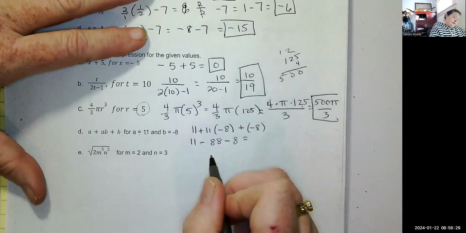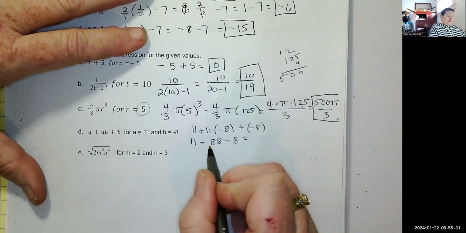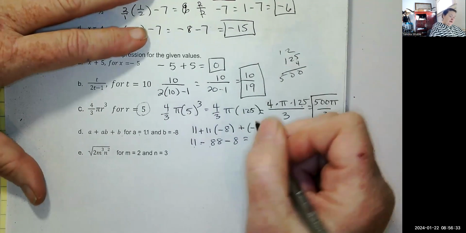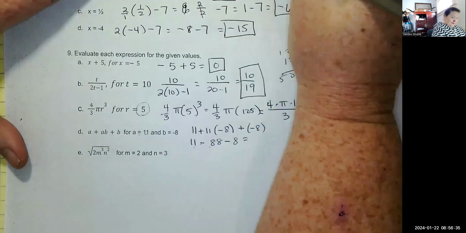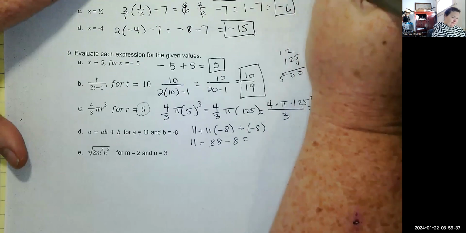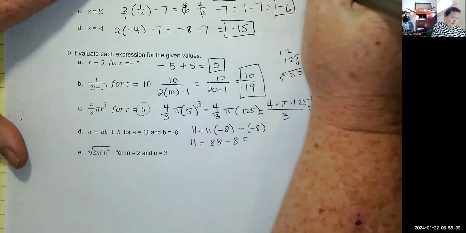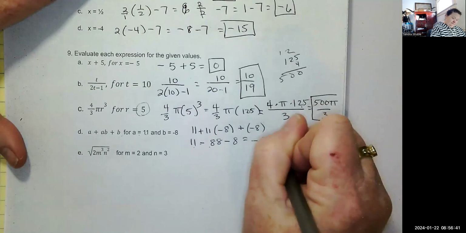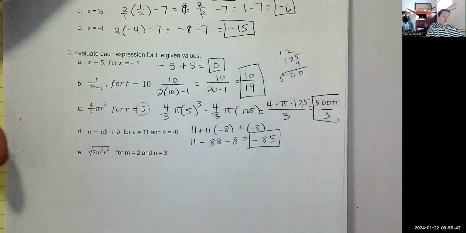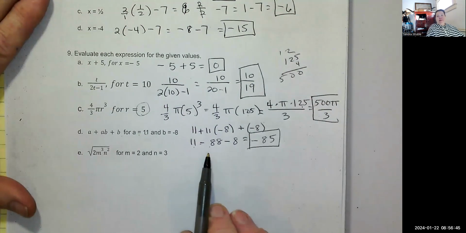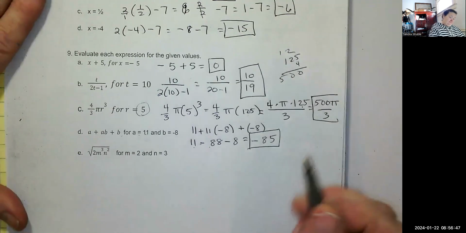And then this gives us 11 minus 88 is negative 77 minus 8, negative 85. You could just plug this into your calculator, 11 minus 88 minus 8 to get that.